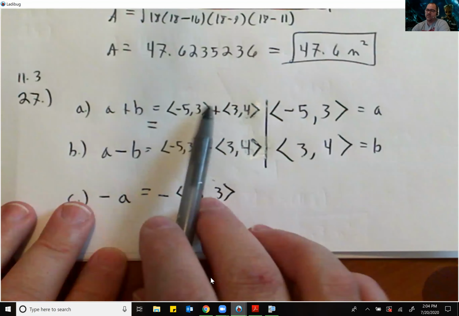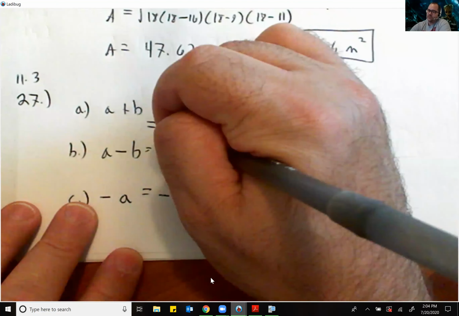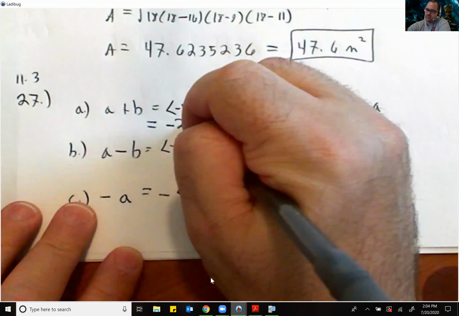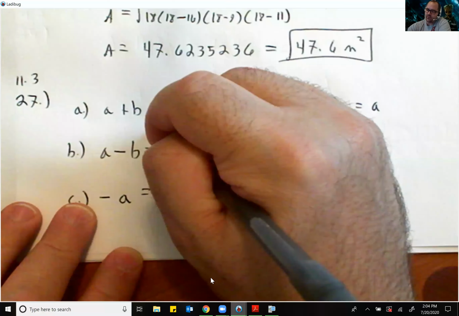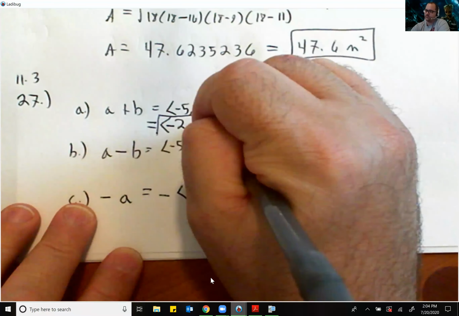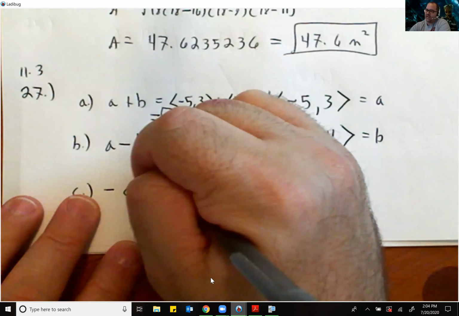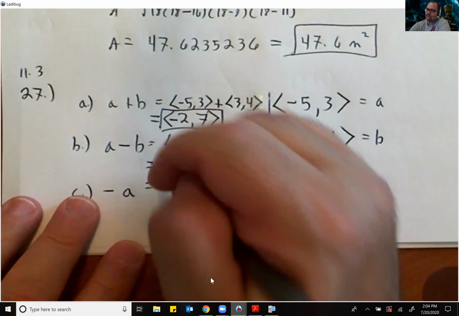Okay? So when you add these, you just add the x pieces or the horizontal components and the vertical components. So -5 plus 3 is -2. 3 plus 4 is 7. And those are the answers we're looking for. Down here, we're going to subtract. So -5 minus 3, -8.